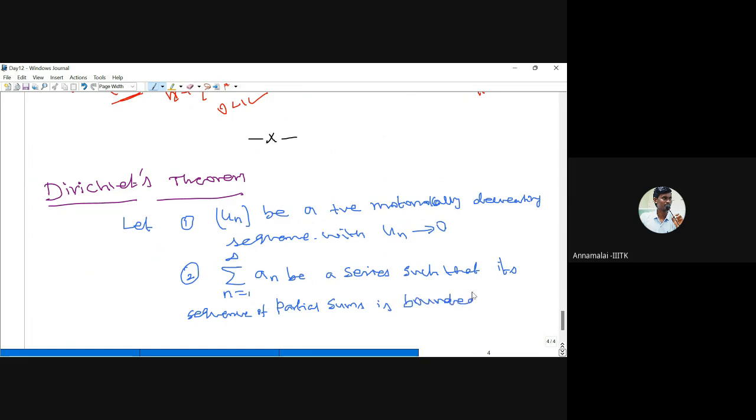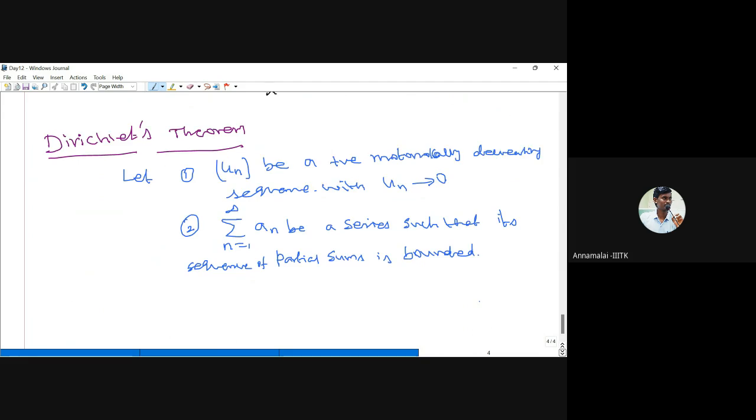Then the theorem says the series summation un into an, n equal to 1 to infinity, is convergent. Suppose a given series is a product of two sequences, that means maybe you have a product of two nth terms, like 1 by n into n plus 1.